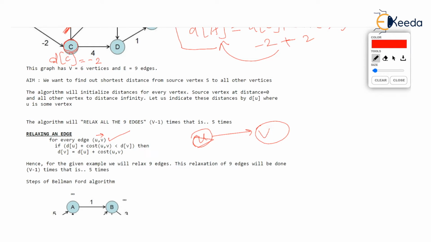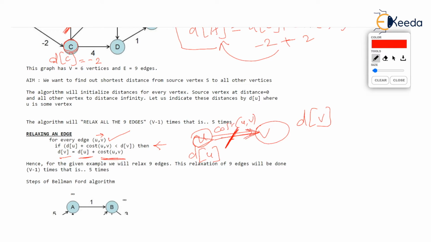Then what we are going to check is du, distance of vertex u, plus cost of u comma v. Whatever is the cost here, is this addition less than dv? That's what has been written here. If it is true, then dv will be equal to du plus cost of u comma v. This is called relaxing of this edge which we are talking about between u and v.